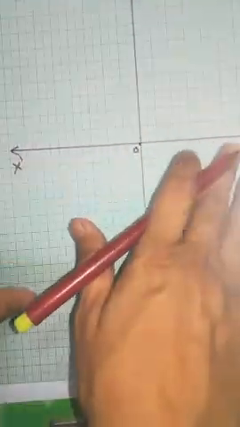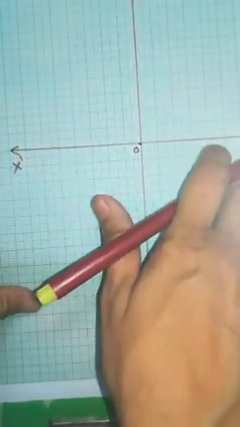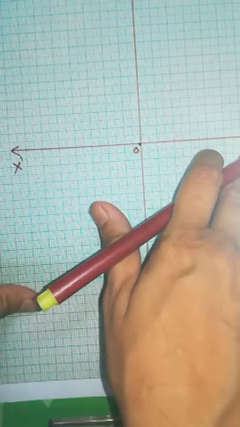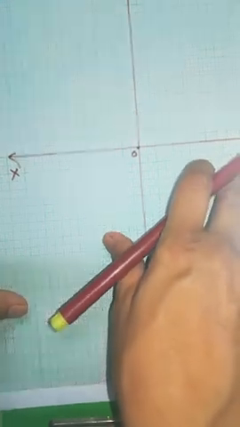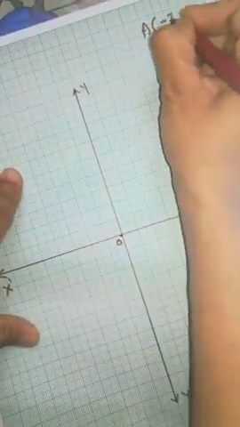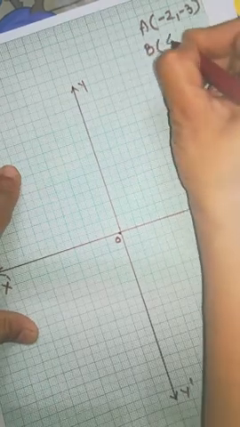Now we are ready, but we still need to choose a scale. How do we choose a scale? It has to be suitable, right? The points I am talking about, let us consider that A is -2, -3. B is 4, 5.